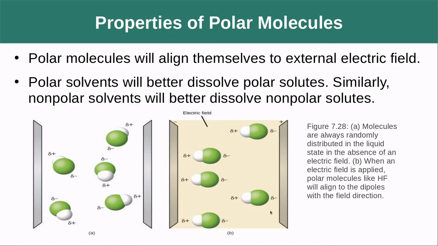Once we apply that external electric field, though, all of the partial negative charges are going to face the positive plate, and all of the partial positive charges are going to face the negative plate, and we get a very coherent, aligned situation. This is only going to happen, though, in the gas phase or in a liquid phase, where these molecules are free to move about and not trapped in a solid lattice.